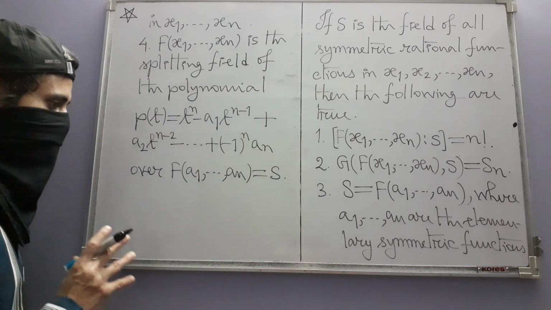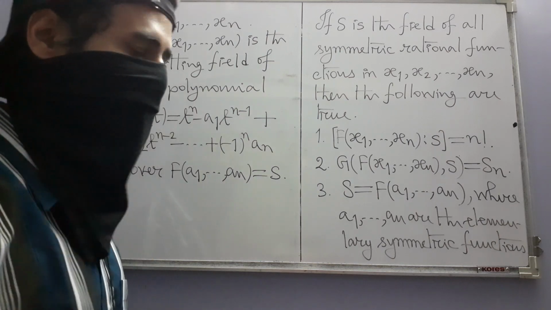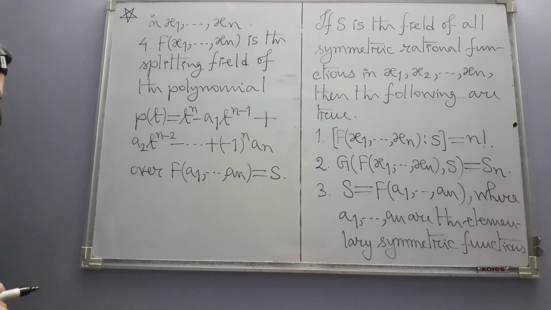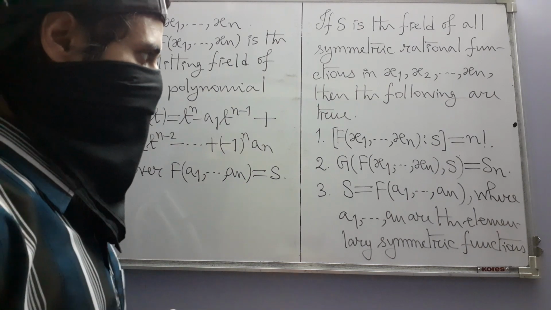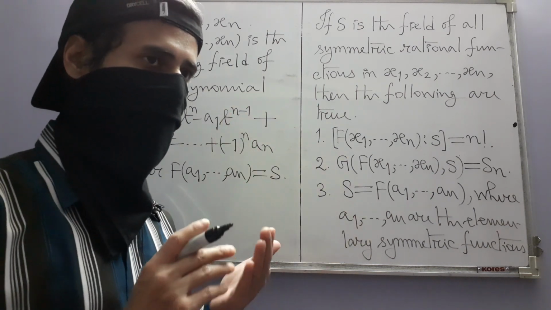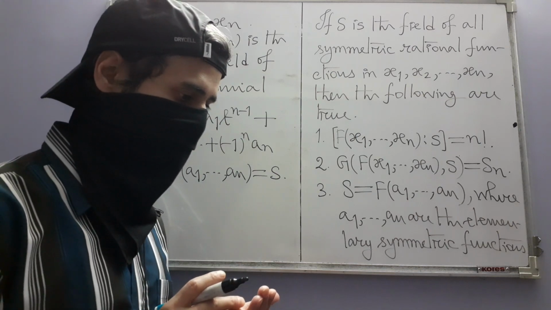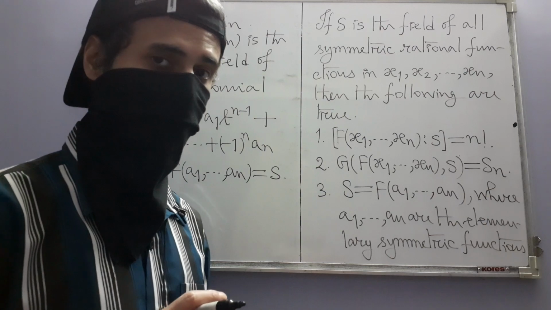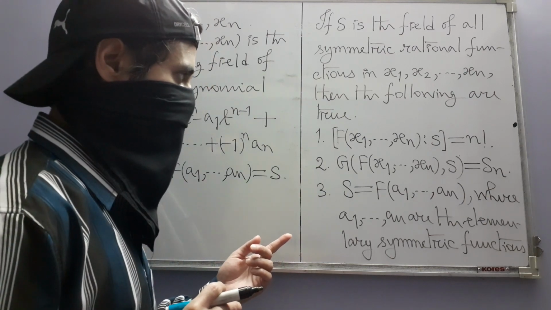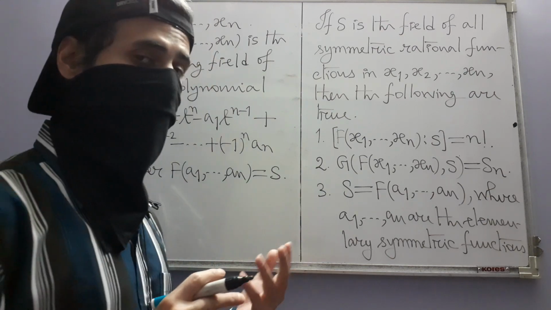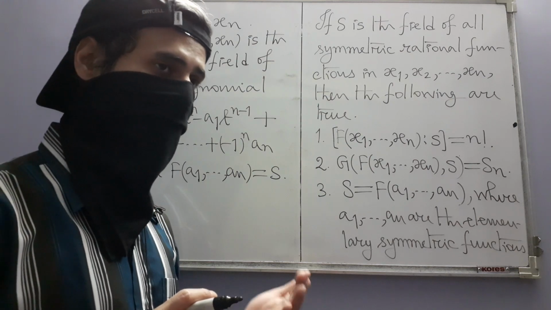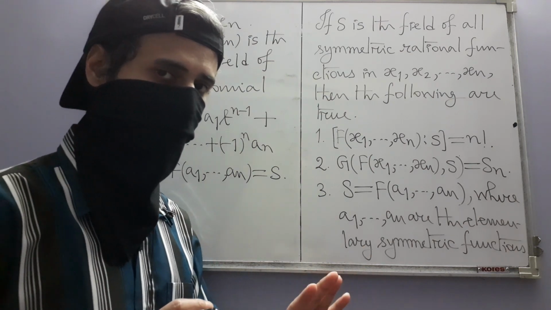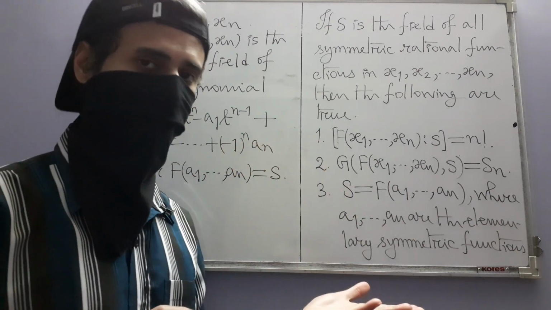Now there are some observations regarding this result. The first observation is this. Do you remember that result where we proved that if we have a polynomial whose degree is a positive integer n and then it has a splitting field, the degree of the splitting field over the base field over which we have the polynomial is at most n factorial.